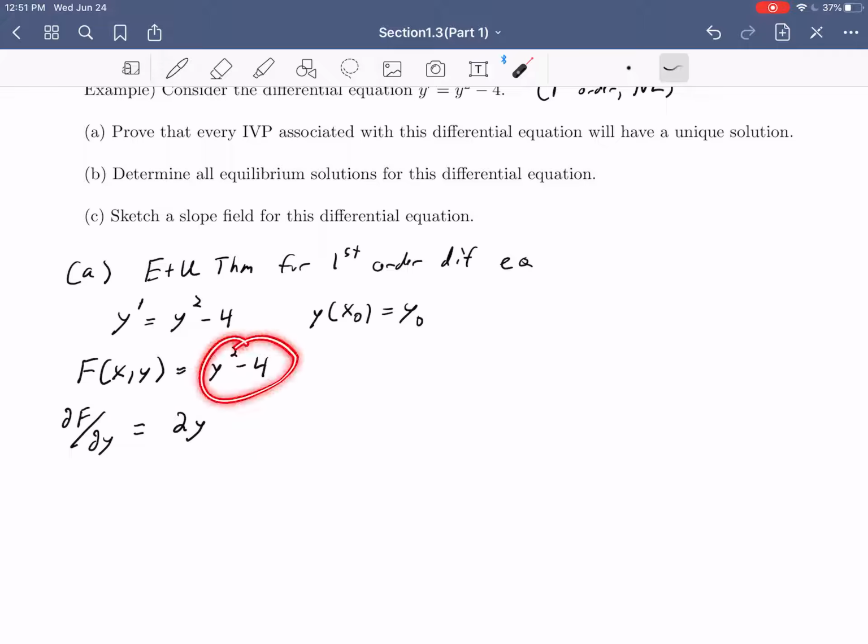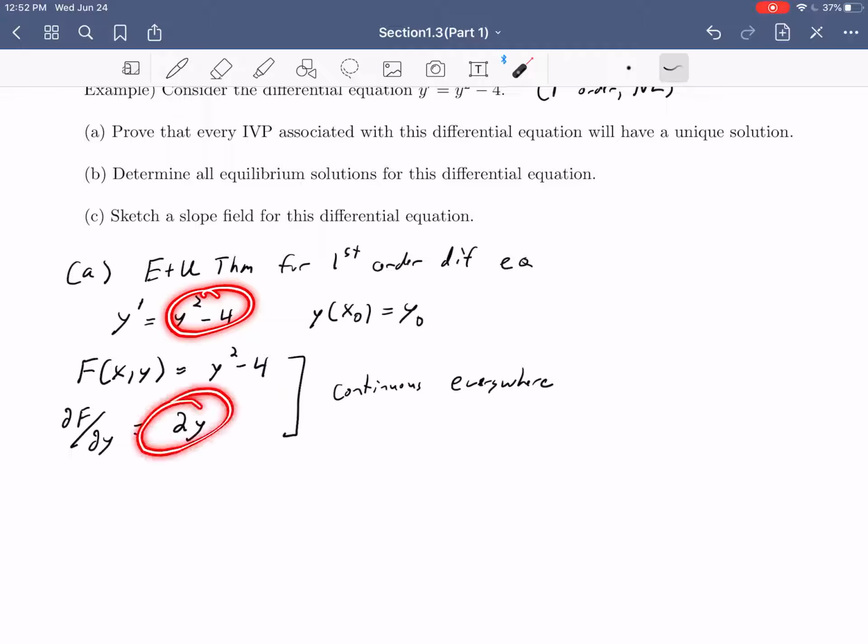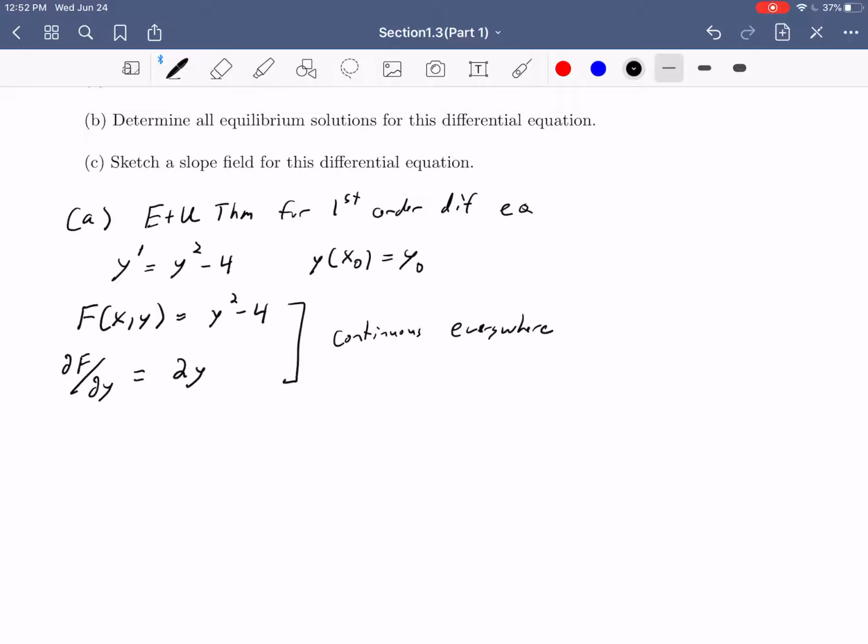What do we know about both of these? Well, these are both definitely continuous everywhere. So since the function over here and its partial with respect to y are continuous everywhere, by the existence and uniqueness theorem for first order differential equations, every IVP will have a unique solution.